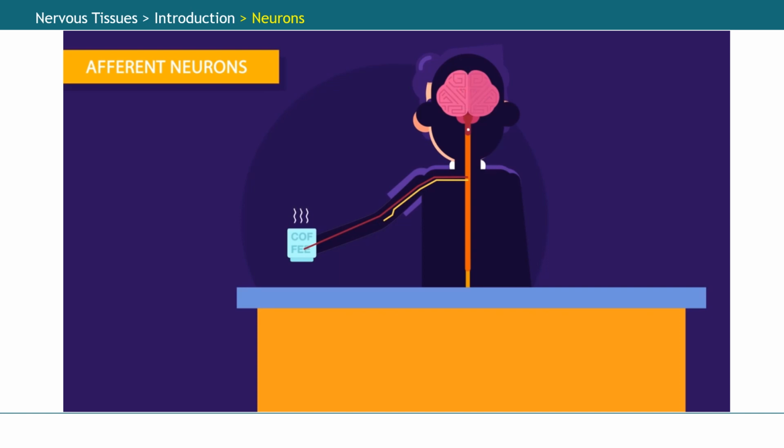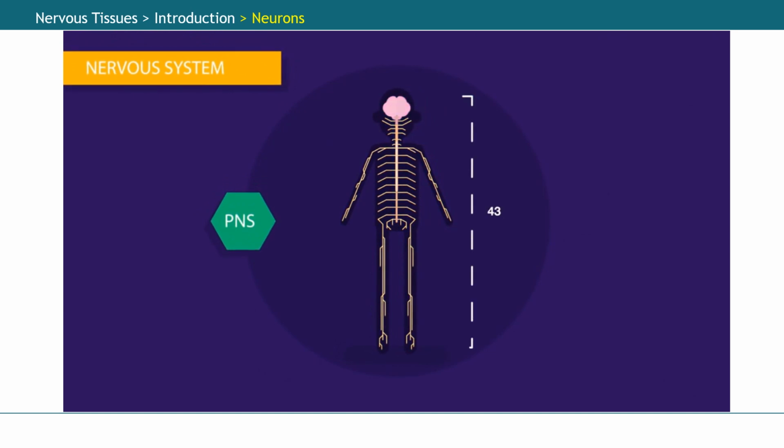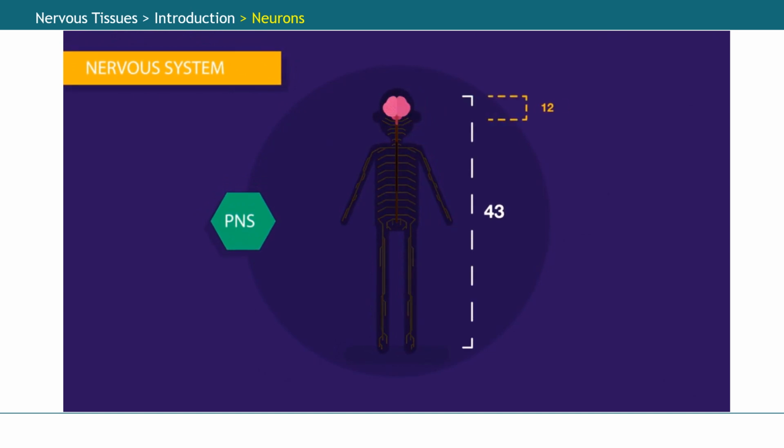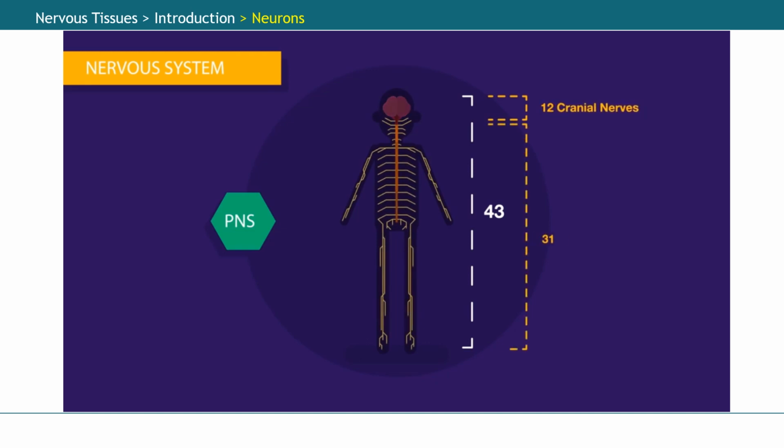Your brain processes that information and sends a response through motor neurons, known as efferent neurons, that you must put that cup back. The PNS consists of a total of 43 pairs of nerves, among which 12 originate in the brain, named cranial nerves, and 31 originate from the spinal cord, hence called spinal nerves.